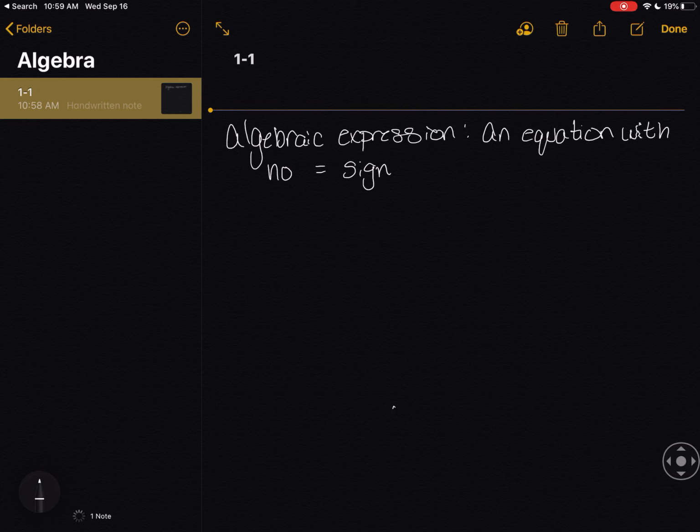So, for example, an algebraic expression might be 10d. It could be p times q. It might be 2x plus 4. Notice in all of these, there's always a variable. And what is a variable? A variable is a symbol used to represent a value.